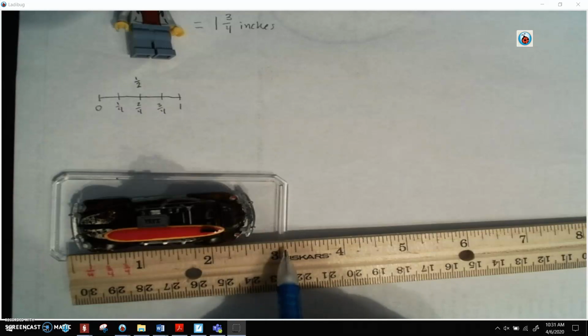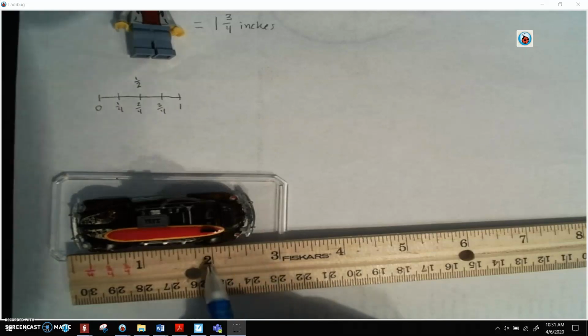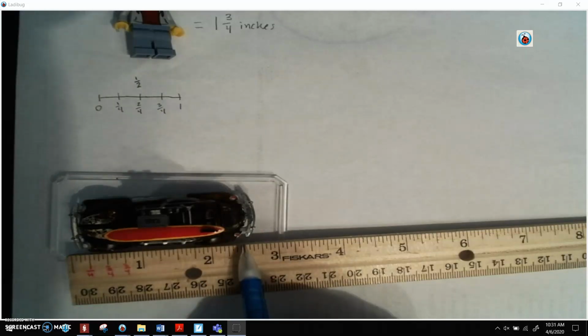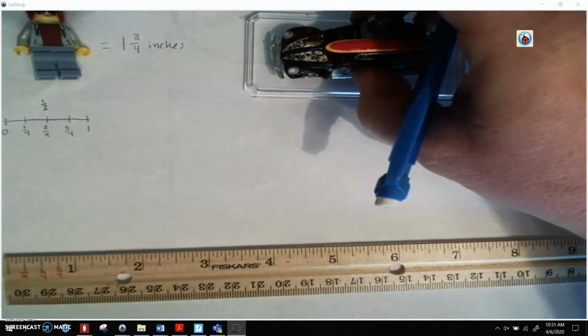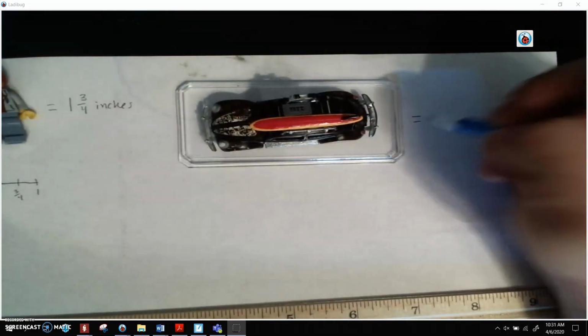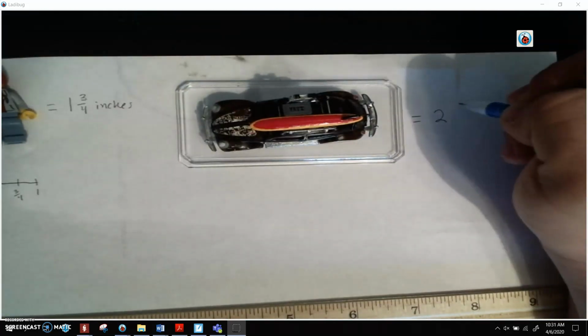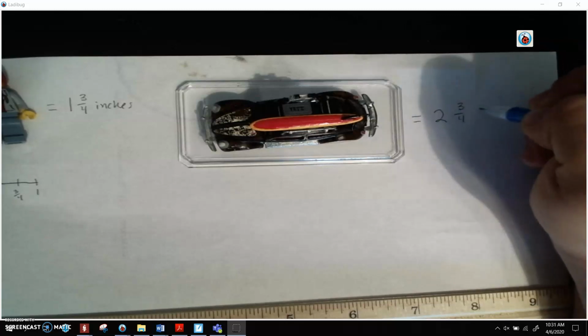It's past 2 inches, so it's in between 2 and 3 inches. I can see 1/4, 2/4 is more than that. So my next one where it lines up right here is 2 3/4. So this equals 2 3/4 inches.